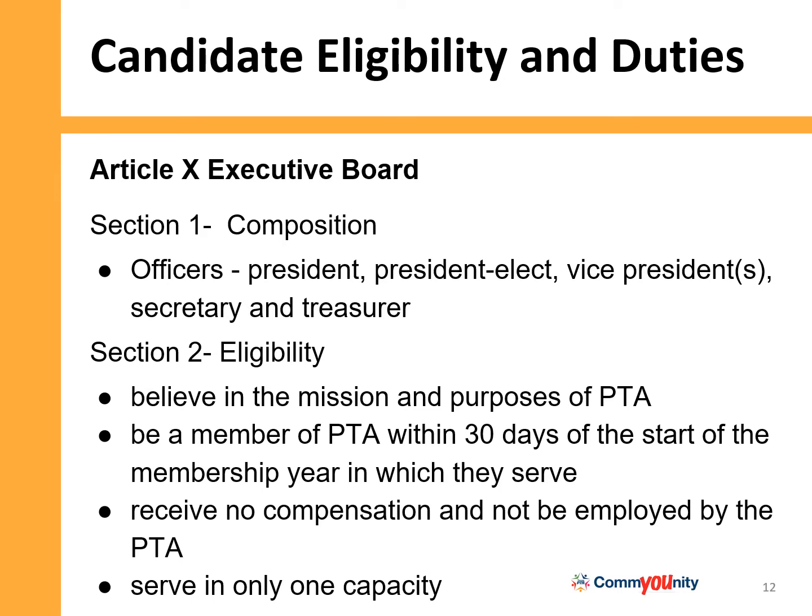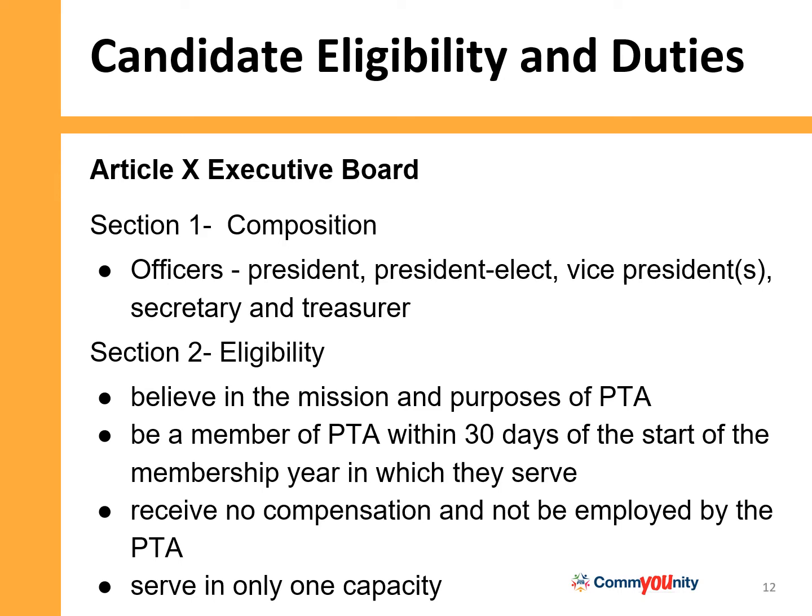Section 2, eligibility. There are several eligibility requirements. Candidates must believe in the mission of PTA, be a member of the PTA within 30 days of the start of the membership year in which they serve, receive no compensation, not be employed by the PTA, and serve in only one capacity.